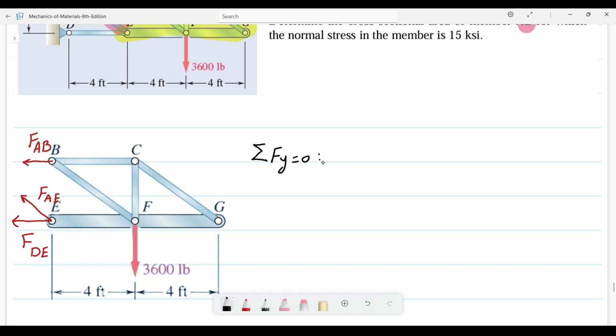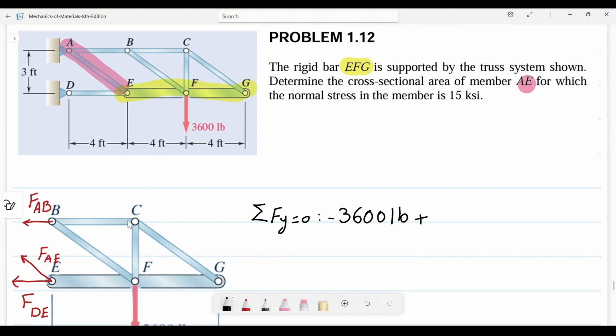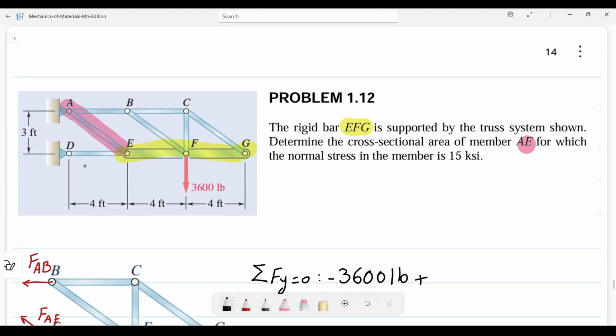It means minus 3,600 pounds plus, and we know from Pythagoras that the length of AE is equal to 5 feet, because 3 squared plus 4 squared equals 5 squared.